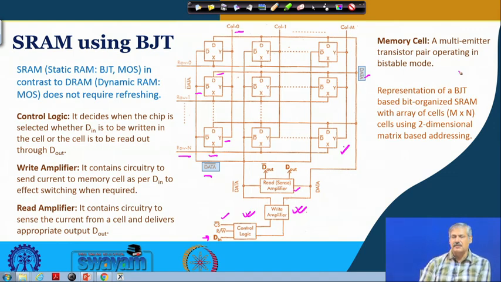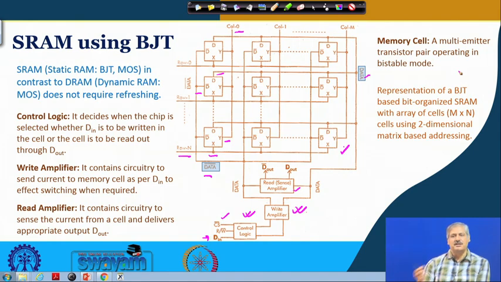We shall move forward, and in the memory cell we shall see a multi-emitter transistor pair connected in a cross coupled mode, operating in a bistable mode: either one transistor is on or it is off, and the corresponding transistor will be in the opposite state.